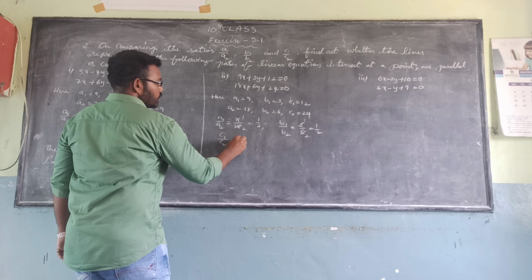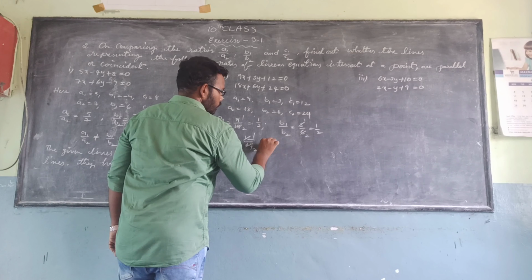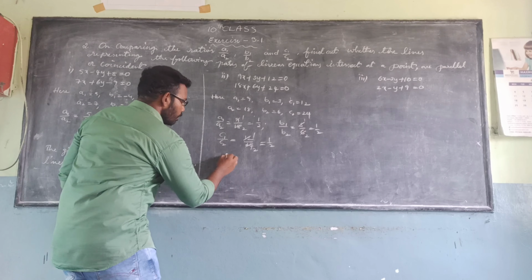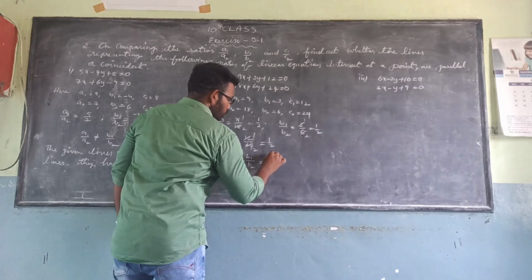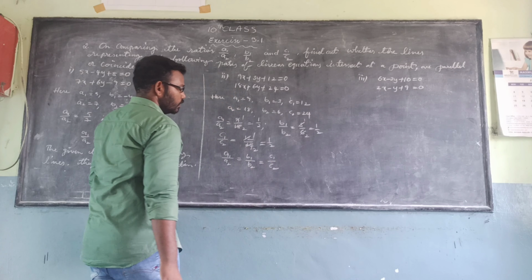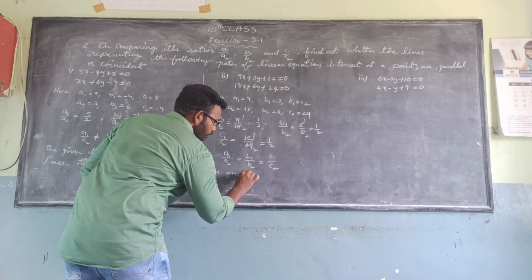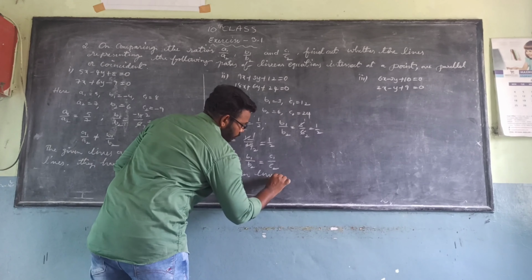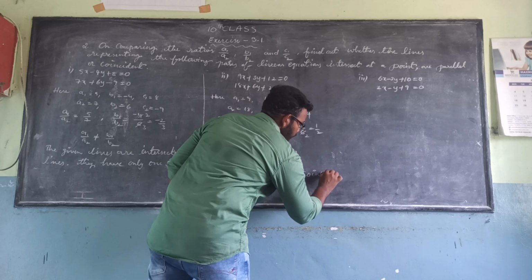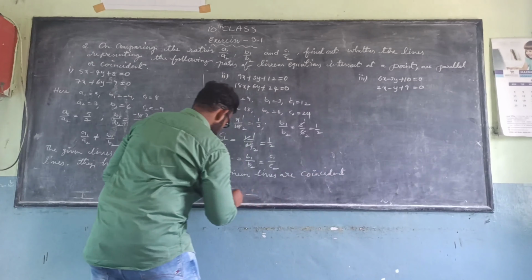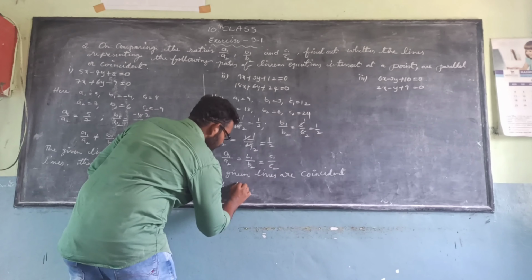Now c1 by c2, 12 by 24, that is equal to 1 by 2. If you observe, you get the same answer. So a1 by a2 is equal to b1 by b2 is equal to c1 by c2. So all ratios are equal. So we can say the given lines are coincident, and they have many solutions.